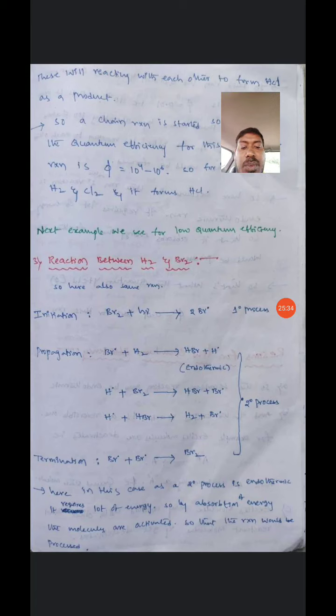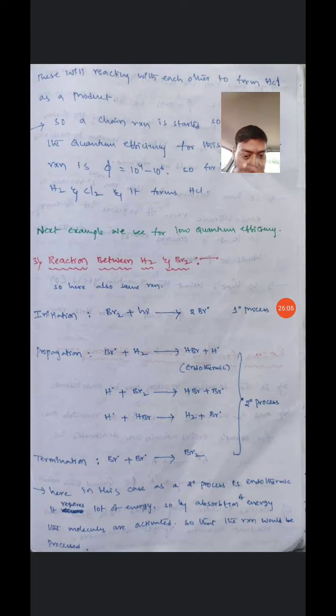Next, in the propagation step, the Br radical reacts with another reactant molecule, H2, and forms HBr plus H radical. This is an endothermic reaction, and the hydrogen radical reacts with Br2 and forms HBr plus Br radical.